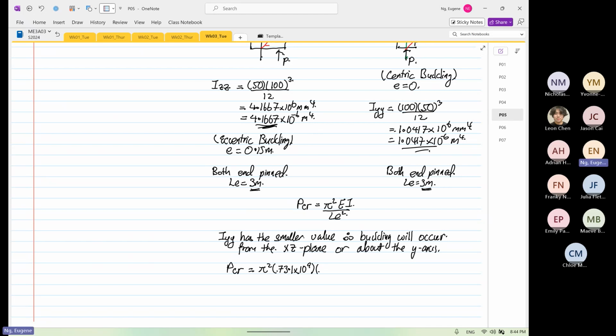Young's modulus, we are going to use the 1.0417 because it's the smaller value, meaning buckling will occur with the smaller I.